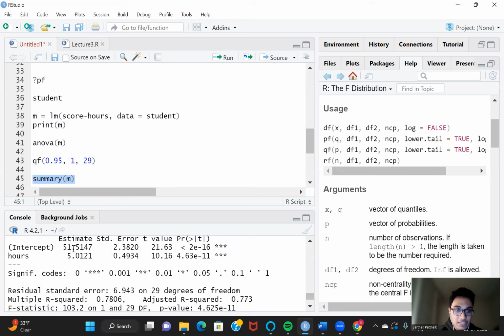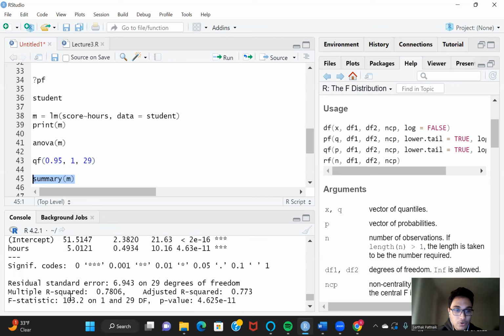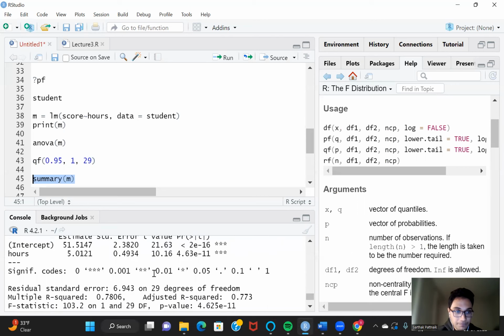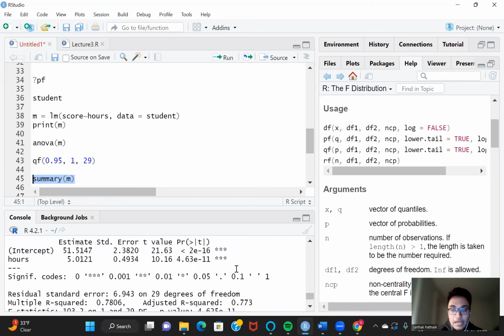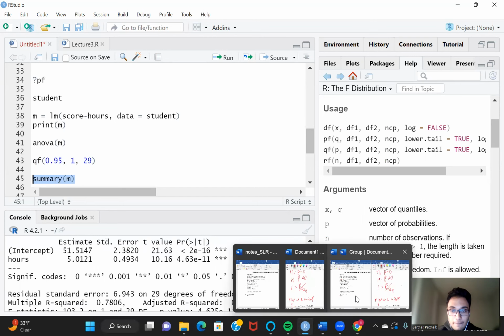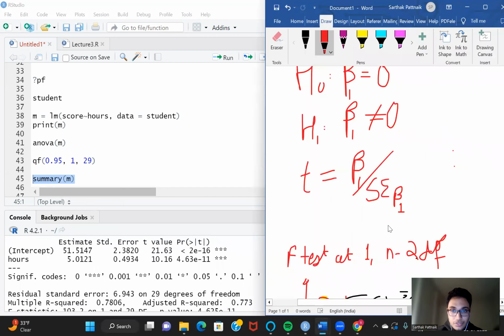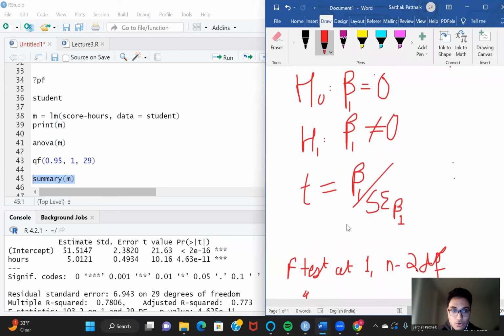So here for the intercept, you have your estimate, standard error, t value, and p value. You have your r squared value, your f statistic value, everything. As I told you, your value of test statistic is going to be your beta 1 estimate, your estimate for the slope, divided by the standard error of the slope.